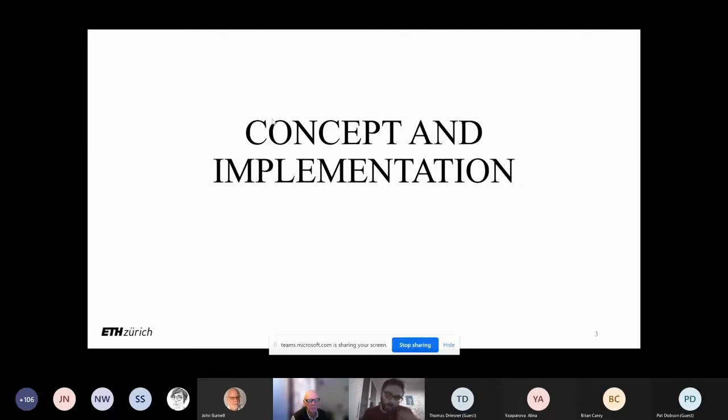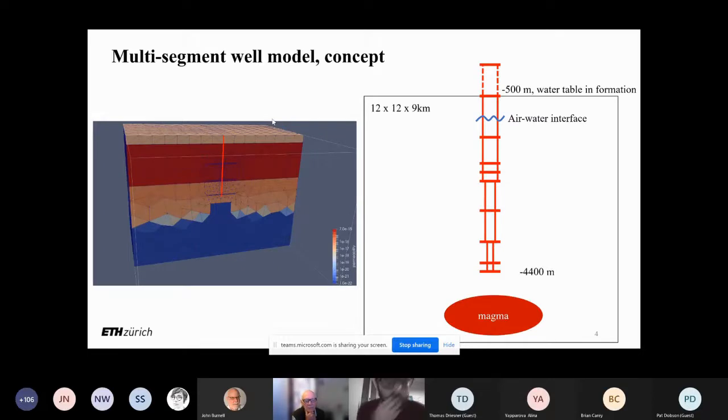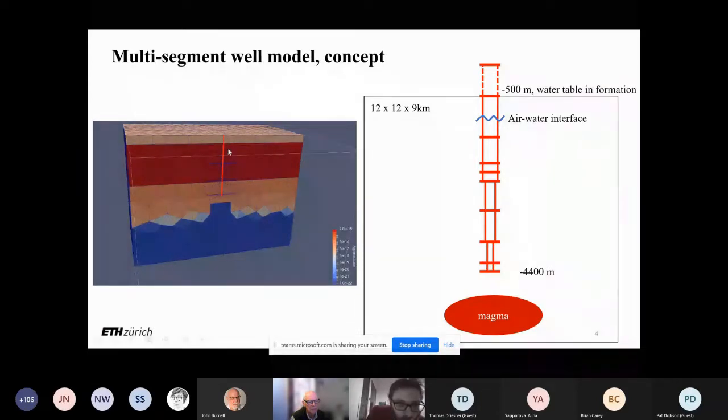So I'm going to show you the general concept of this model. Here on the left, you have an extensive formation domain, which is 12 by 12 by 9 kilometers, and in the center of it, this red straight feature would be the well.